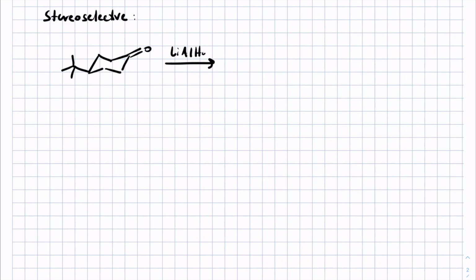But the lithium aluminum hydride reduction of this ketone, there's no stereoisomers possible for the starting ketone, but there are stereoisomers possible in the products. You can either have a trans orientation between the T-butyl group and the OH group, or they can be cis.